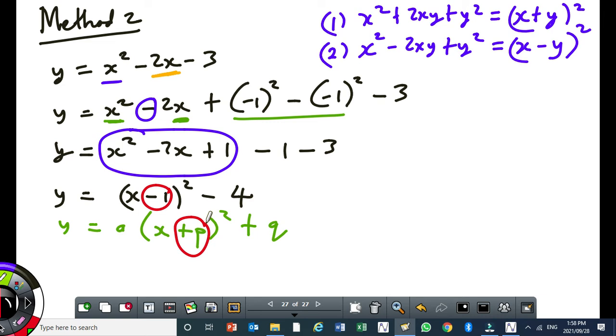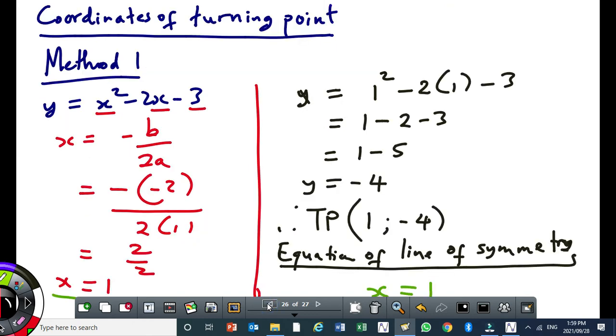Be very careful: p is negative, but x is positive. The q value is very straightforward. That's minus 4. This is the q value.